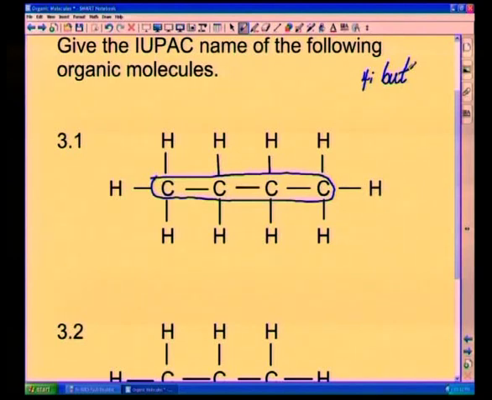That is the prefix. Do I have any double bonds between carbon atoms or triple bonds? The answer is no. So I only have single bonds between them. So it will be an alkane. So the last part will be ane. So this is butane. There is nothing very different or very special about this molecule.